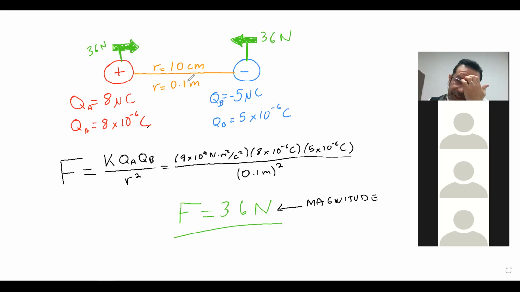That's why I want you to be very careful not to put the signs here. If I put my free body diagram here, would these 36 Newtons be positive or negative? Negative, because I'm located here. This is my reference. But what if I put my free body diagram here? It will be positive.